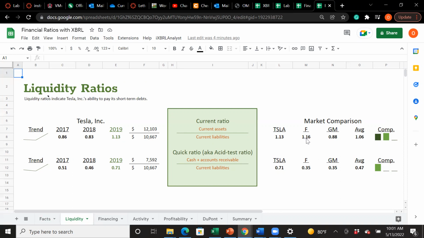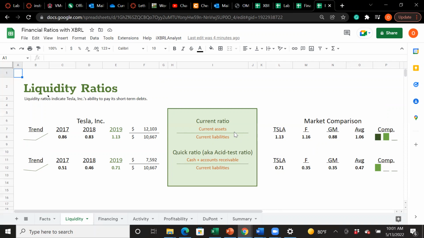Actually, Ford is pretty close to Tesla, but Tesla is higher than General Motors and the average. For the quick ratio, it is actually like twice as high as Ford and General Motors.